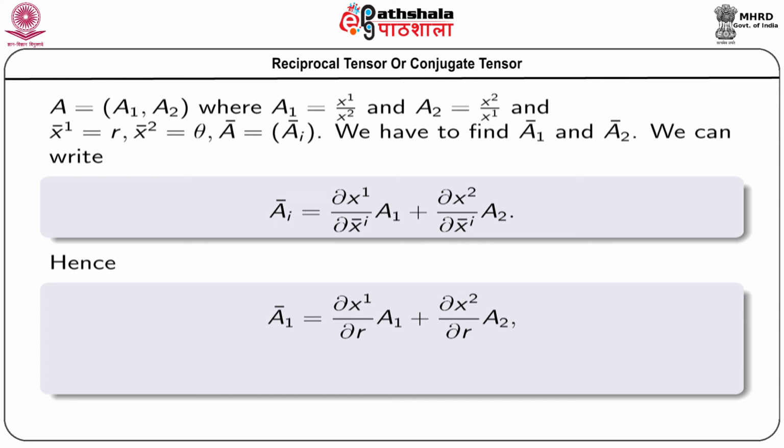Thus, a bar 1 can be written as del x1 by del r times a1 plus del x2 by del r times a2, and that is cos theta into cot theta plus sin theta into tan theta. By the derivative of x1 and x2 with respect to r, we got a bar 1.